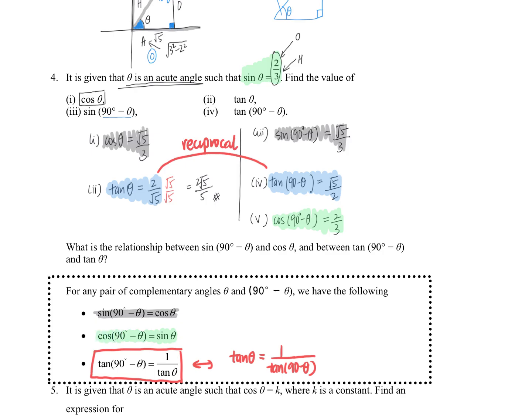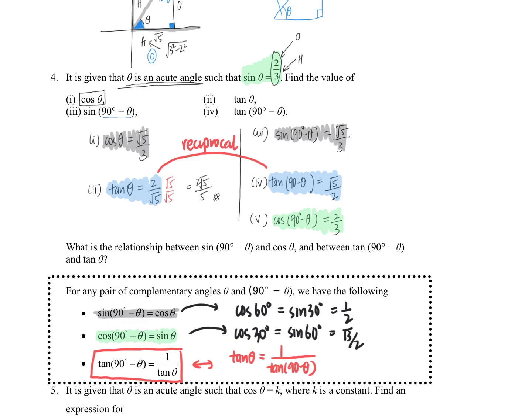Which is why we can say that when we memorize the complementary angles, cosine 60 is the same as sine 30. They are both half. Remember that? And then sine 60 and cosine 30, both are root 3 over 2.